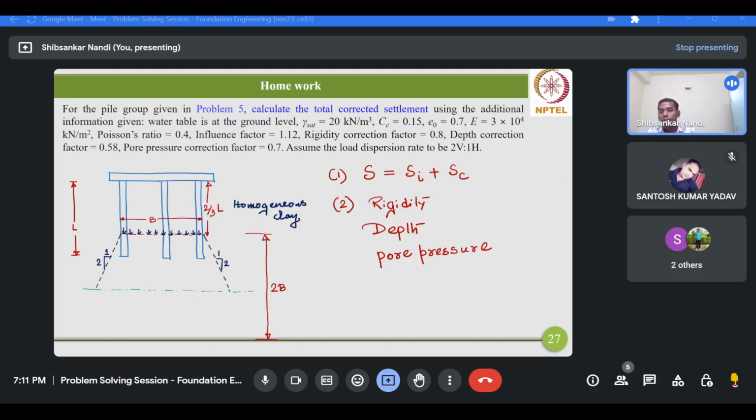This intensity of loading, this intensity of stress, is Qn.